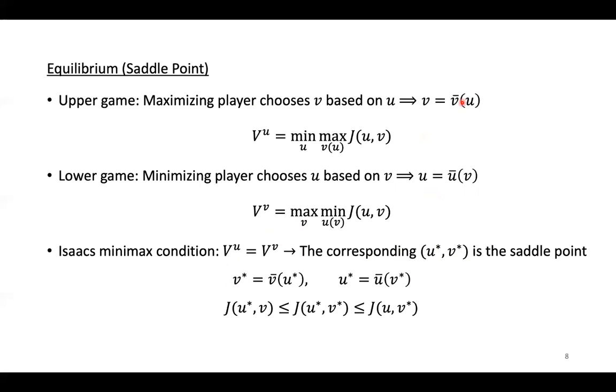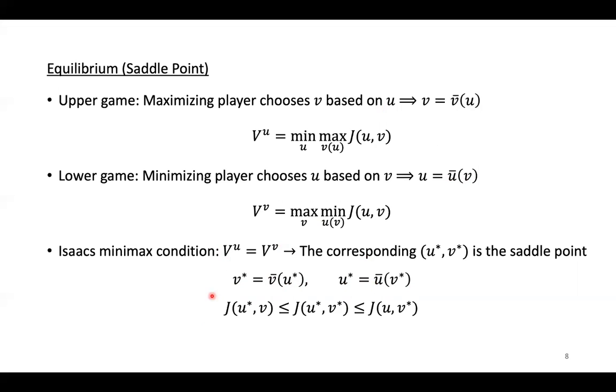You have the optimal functions for the upper game and lower game as a function of the other player, right? You have v as a function of u, which is v bar of u, and u as a function of v, which is u bar of v. In this situation, what it means is v star is essentially v bar of u star, and u star is u bar of v star. So if you can solve these equations, then you would get the saddle point equilibrium that satisfies this Isaacs min-max condition.